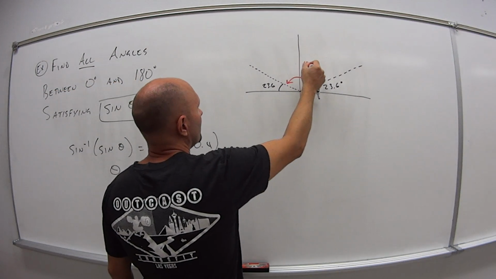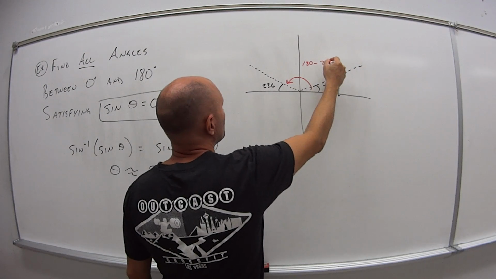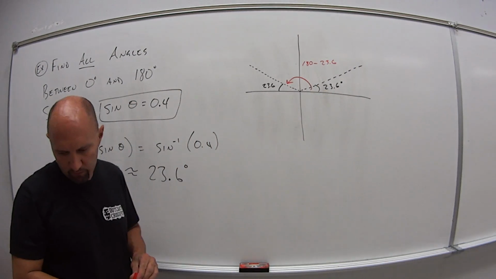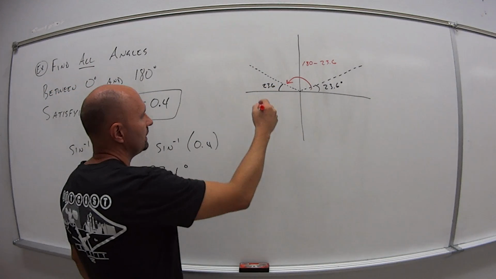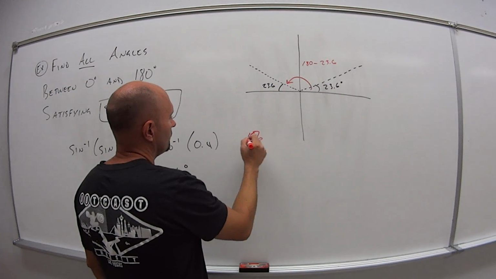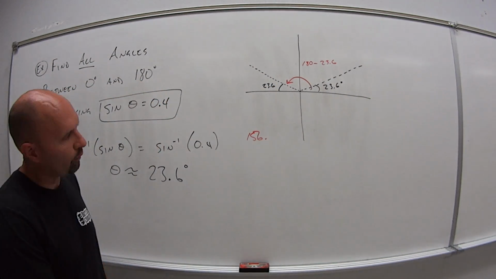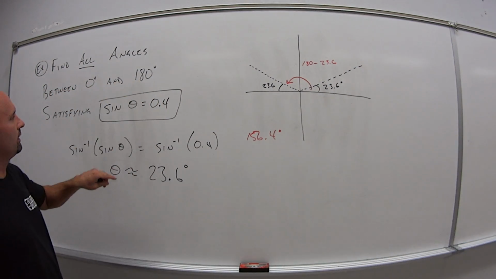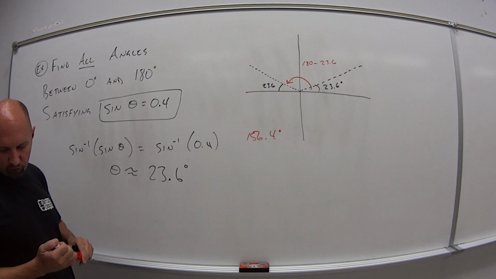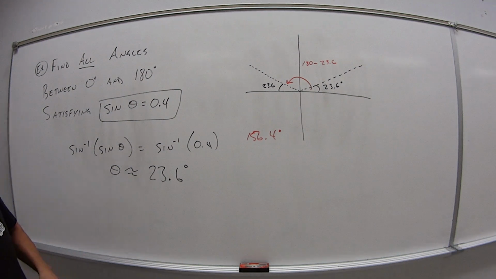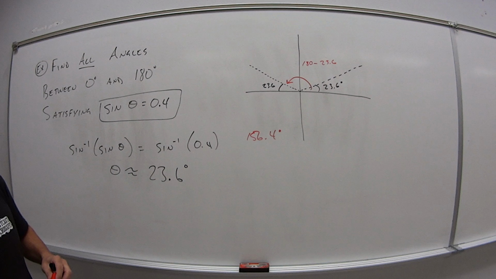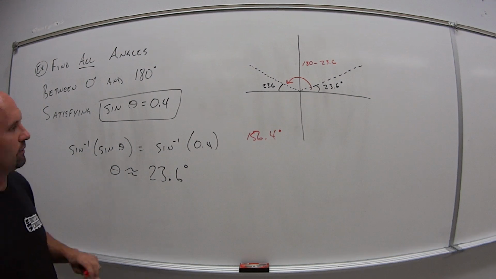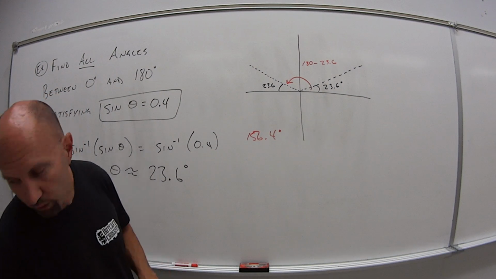It would be 180 minus 23.6. And if we do that math, that means that this is roughly 156.4 degrees. So between 0 and 180 degrees, we have two situations where sine of theta is equal to 0.4. It's when theta is 23.6 degrees, and it's when theta is 156.4 degrees.